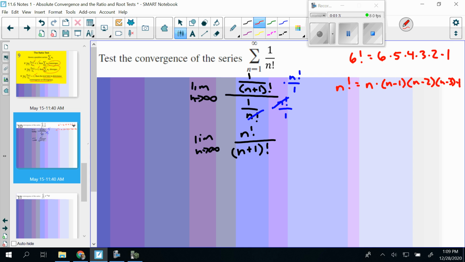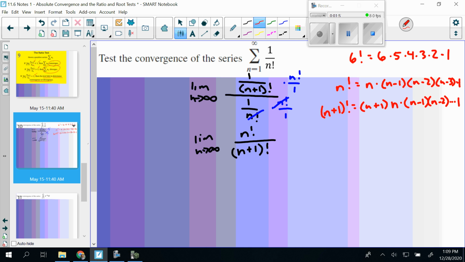Okay? N plus 1 factorial, what would that equal? Well, we would start with n plus 1. 1 less than that would be just n. 1 less than that would be n minus 1. 1 less than that would be n minus 2, and so on all the way down to 1.